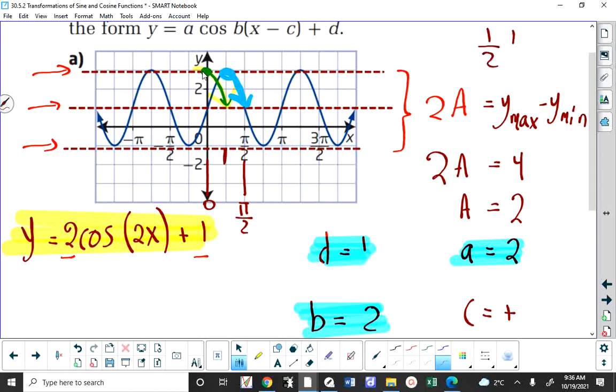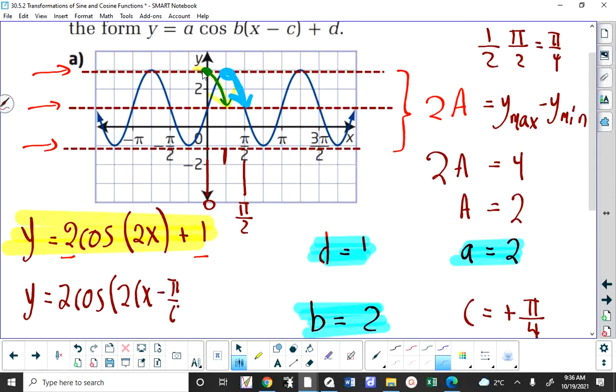Half of pi over 2 is pi over 4. So now we have an answer to the question: y equals 2 cosine 2 bracket x minus c, which is pi over 4, close all the brackets on that argument, and plus 1.